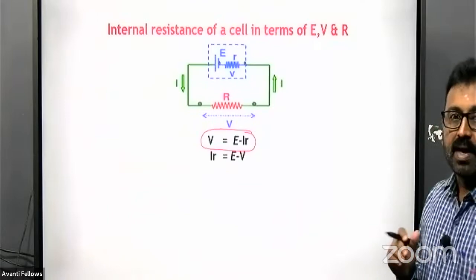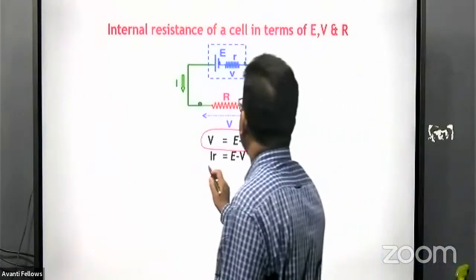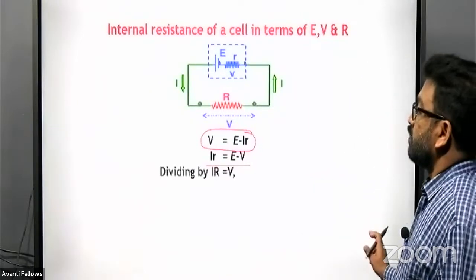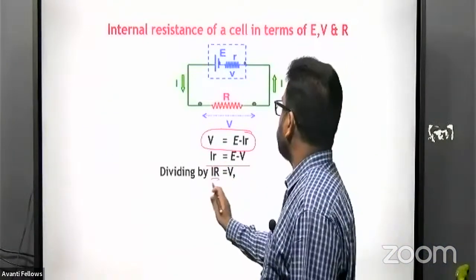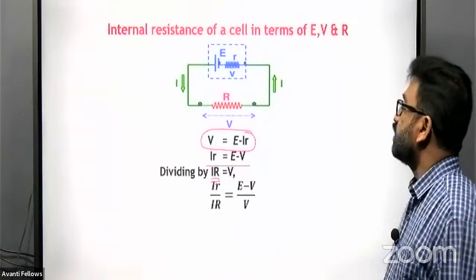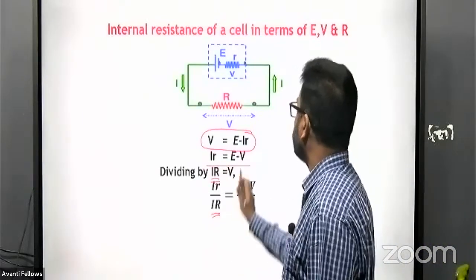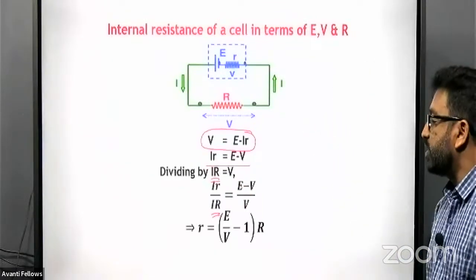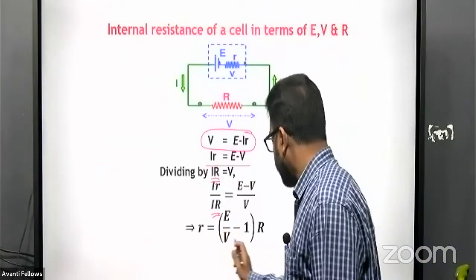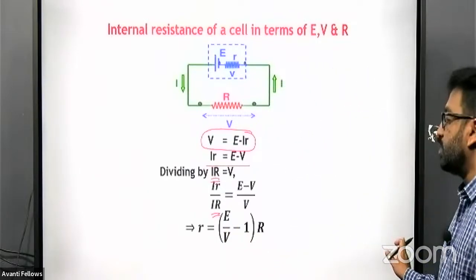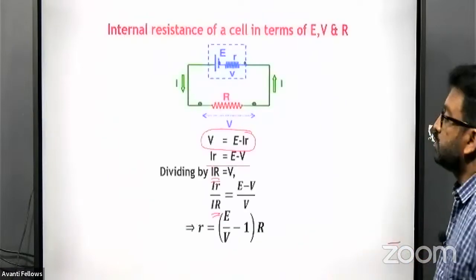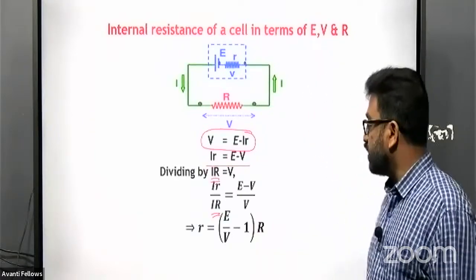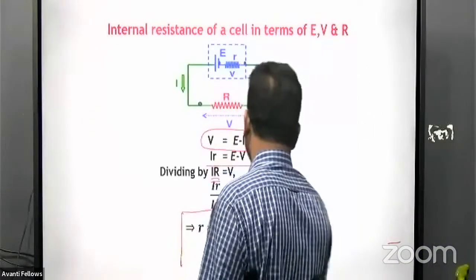So Ir will be equal to E minus V. Dividing E minus V by Ir, and Ir is equal to V, we can divide it and we get the final equation for the internal resistance as E by V minus 1, multiplied by R. See this, E by V minus 1 multiplied by R. So this is the equation for the internal resistance.